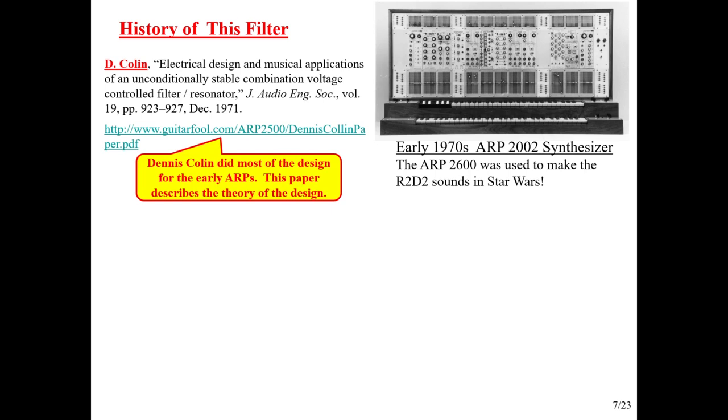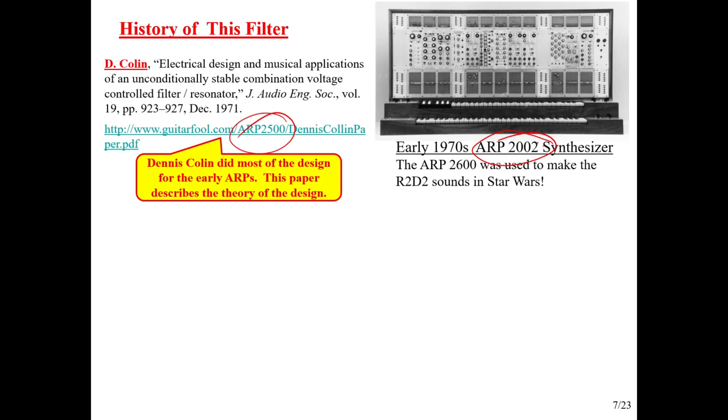And you can see over here that here's an early ARP 2002 synthesizer, and that was used in the mid 70s, late 70s to make the sounds of R2-D2 in the Star Wars movie. So has some history. So this filter, even though it was originally designed for the ARP 2500, would have also been available in the ARP 2002.